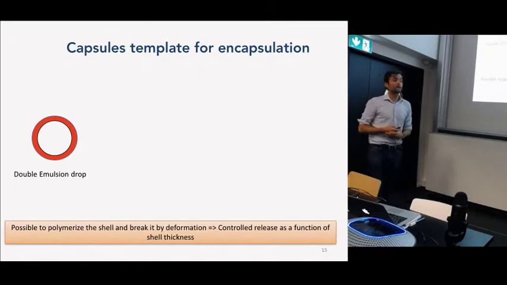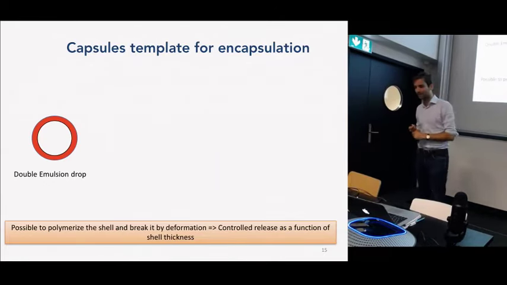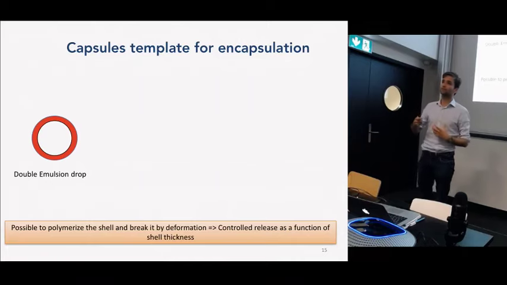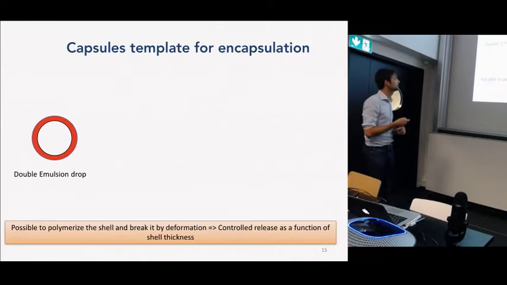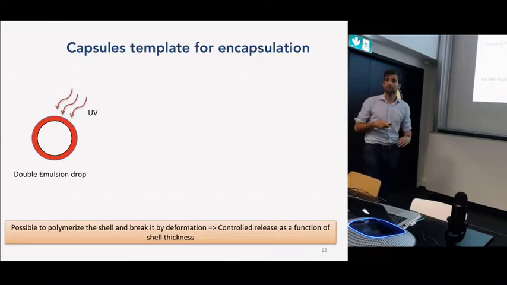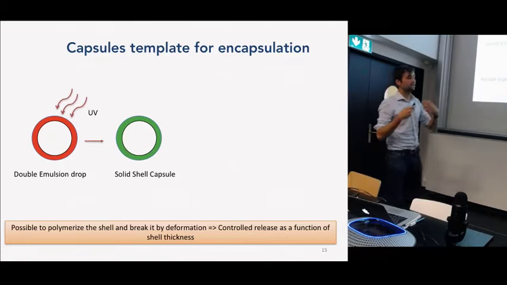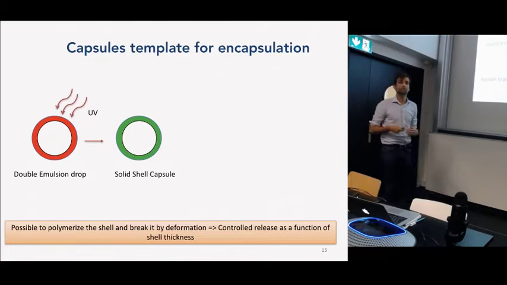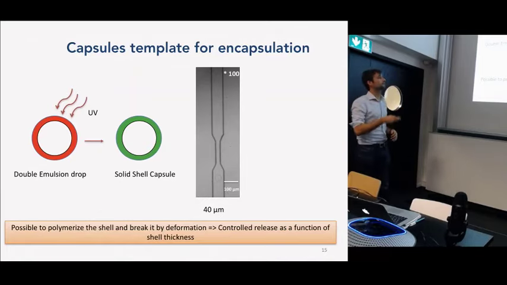Then I want to talk to you about encapsulation, so I called my talk. But we have this model, we can control the shell thickness very thoroughly. And now our idea, and it's a very early stage process, is to polymerize our double emulsions, which have different shell thickness, and form a solid state capsule, and then see if we could break them at different deformation rates. In a first experiment, here you see a double emulsion which is polymerized that goes through this channel.